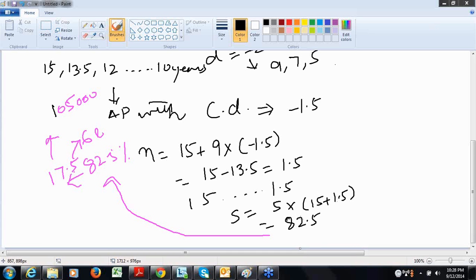So total depreciation is 82.5. What is the value left? 17.5 percent of the total cost. Total cost is 6 lakh. So 17.5% of 6 lakh is 1,05,000. So we'll go ahead and mark option 1,05,000.